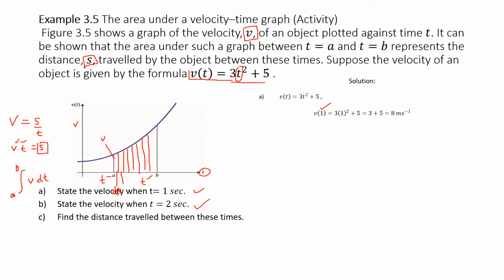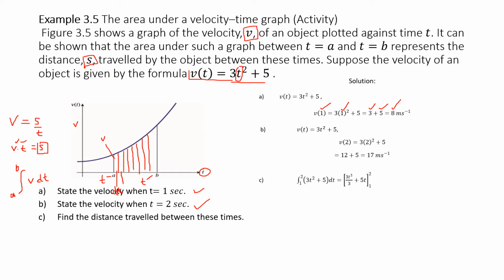See, so 1 squared, it will be 3 plus 5, 8 meters per second, standard unit. Number 2, this time we are doing for 2, so plug in 2 in the calculator, and 17 meters per second.